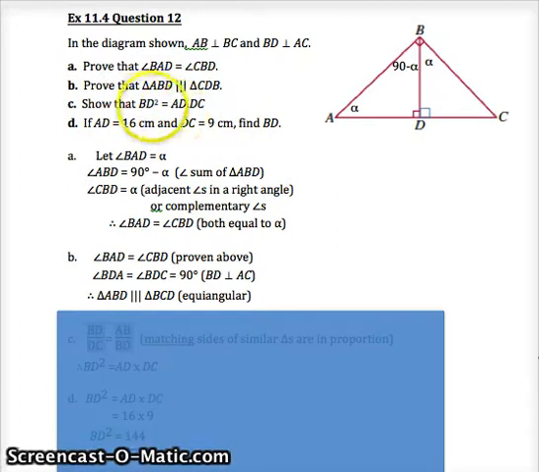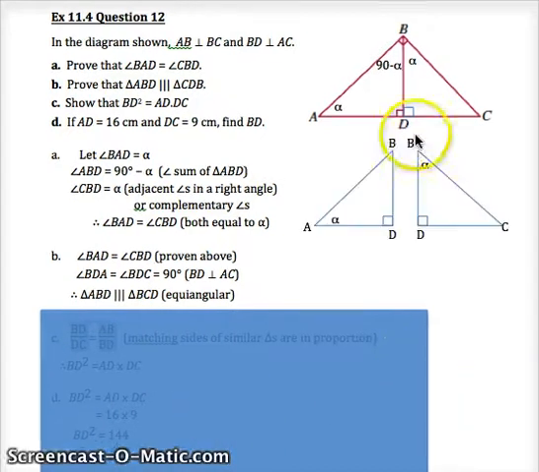Now, because we've just proven that the 2 triangles are similar, I'm going to draw them in separately so that we can see which sides are corresponding sides. So triangle BAD is drawn there, and triangle BCD is drawn over here. And I've just marked in the angles alpha and the right angles as well.